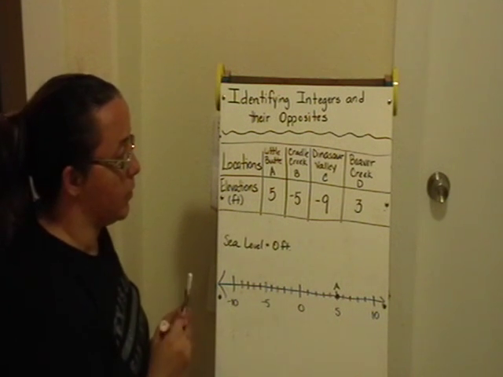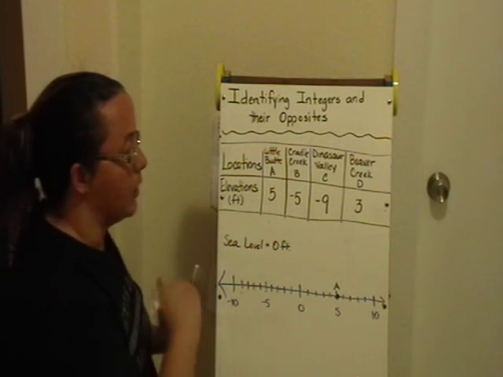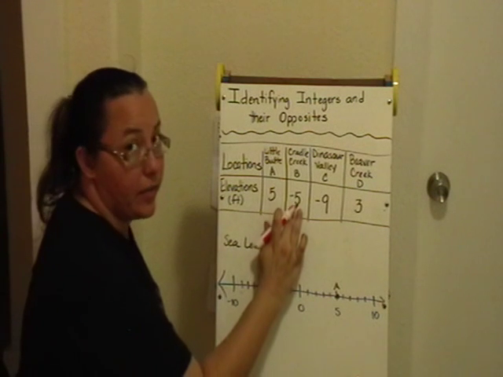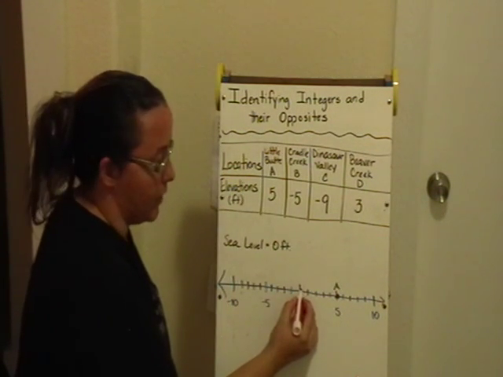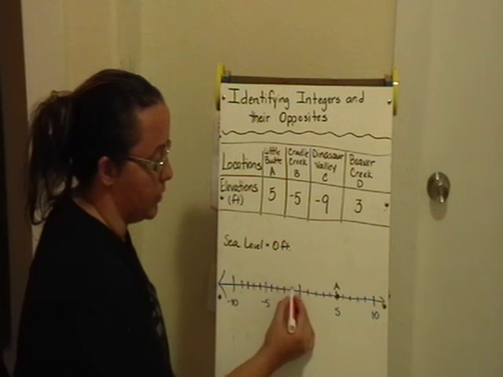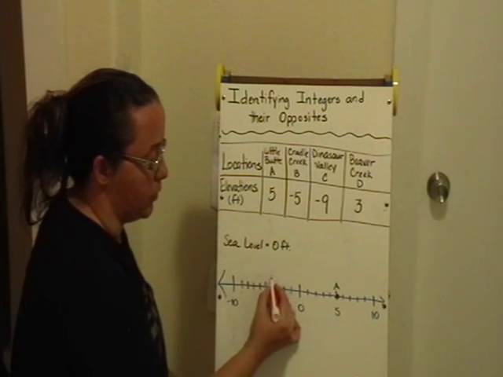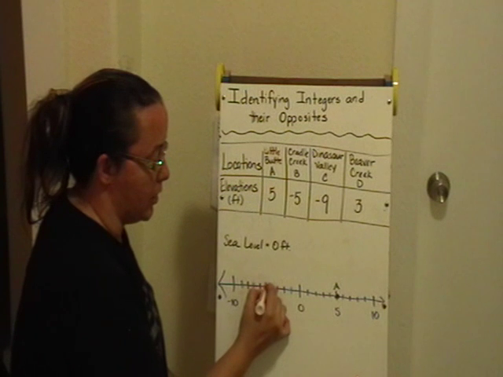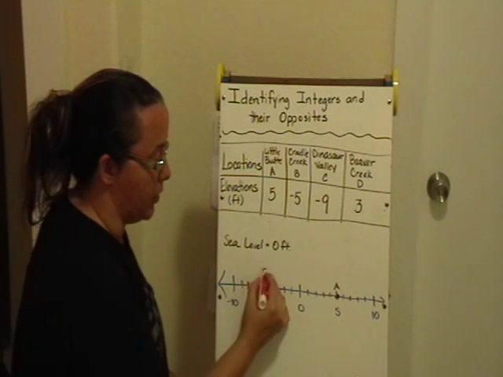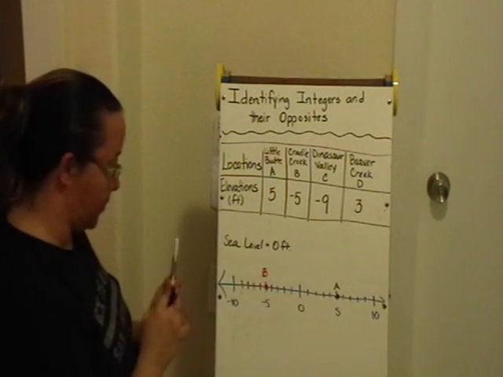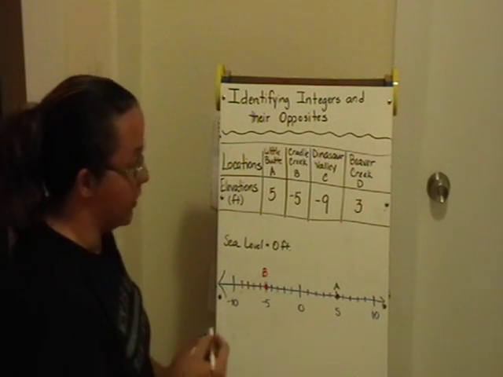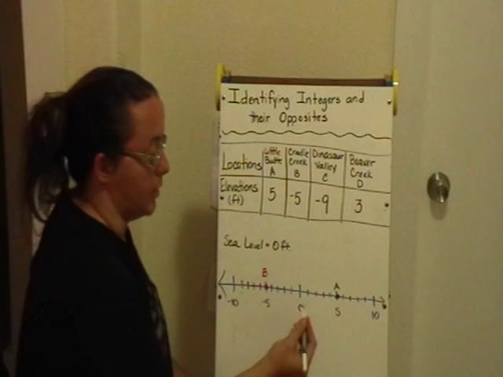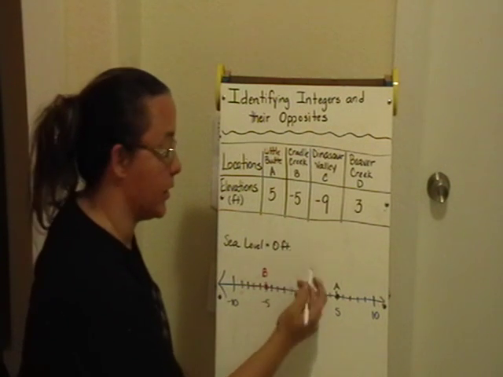Then we're going to mark Cradle Creek. Now Cradle Creek is 5 feet below sea level. So we're going to start at 0 and move 5 units to the left. 1, 2, 3, 4, 5. And we're going to mark our unit there, and it'll be point B. The next location that we have is Dinosaur Valley, and it is 9 feet below sea level.